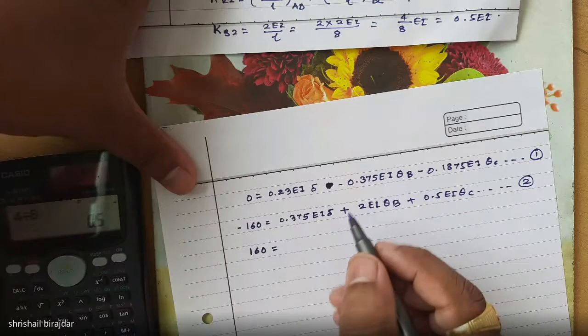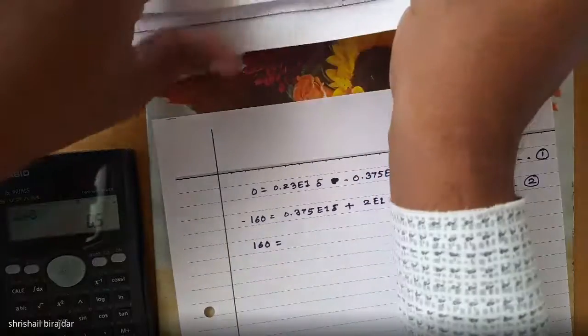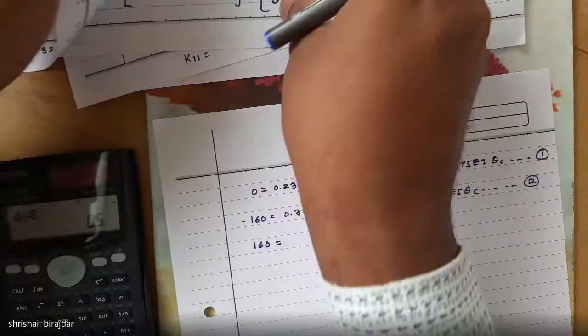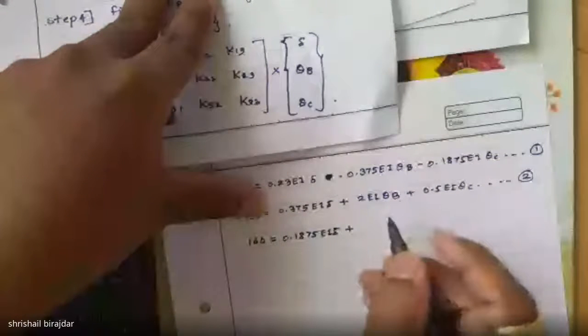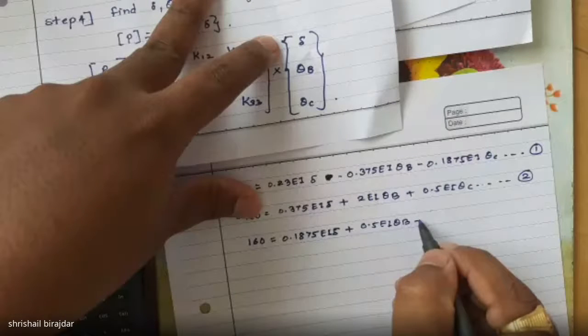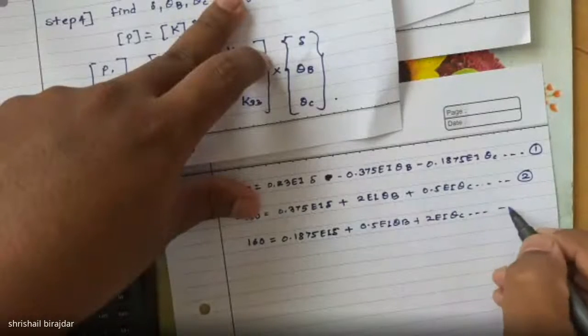For this, you need to consider the last column. What is the last column then, please? Here it is the last column: EI into delta plus 0.5 EI theta B plus 2 EI theta C. This is equation number 3.